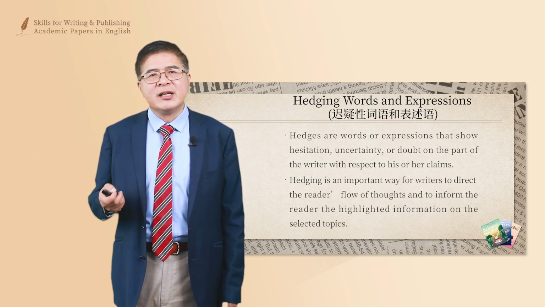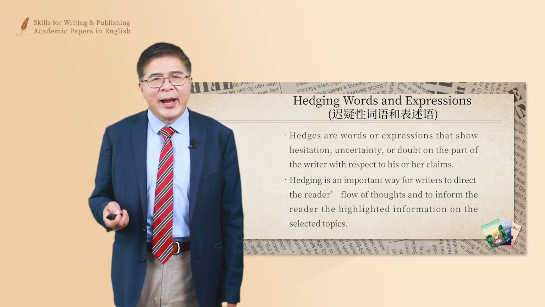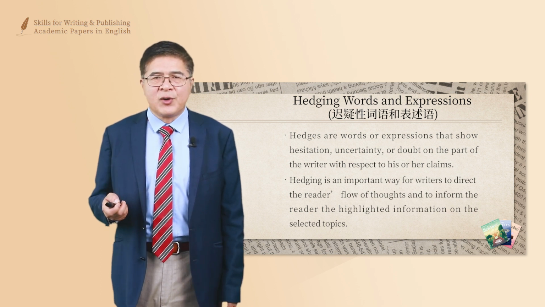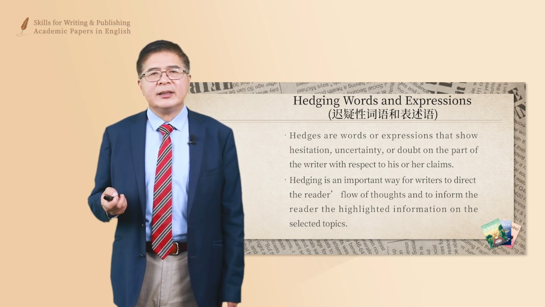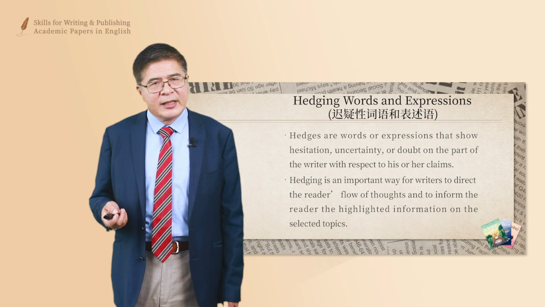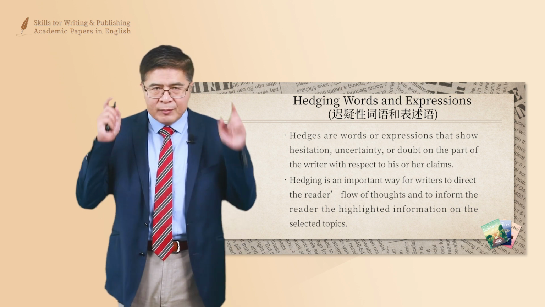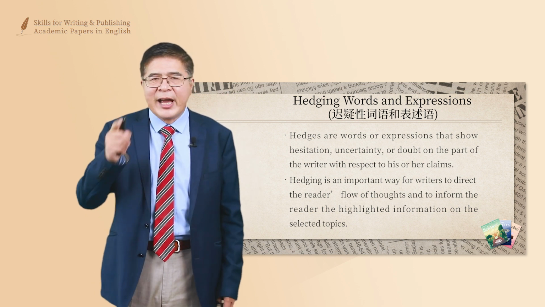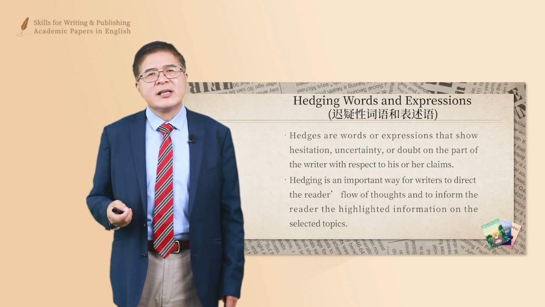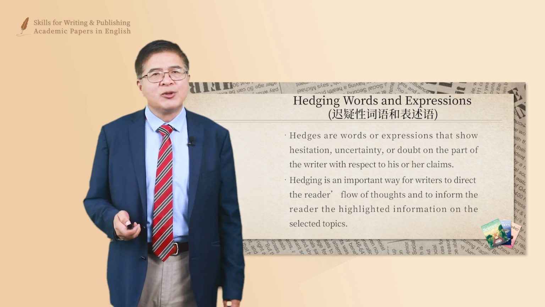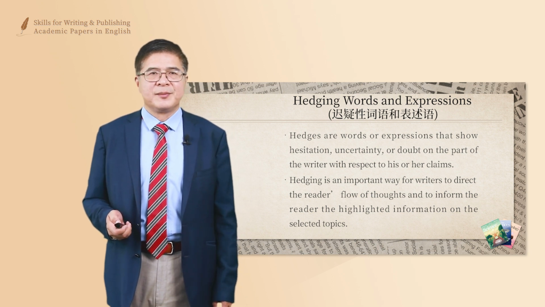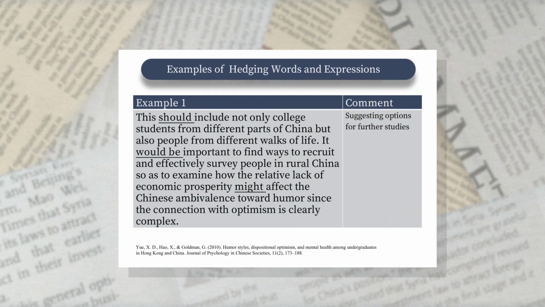So hedging is an important way for writers to direct readers' flow of thoughts and to inform the reader of the highlighted information on the selected topics. In short, hedging is to show some degree of uncertainty or doubt regarding what you write, and that's called hedging words.